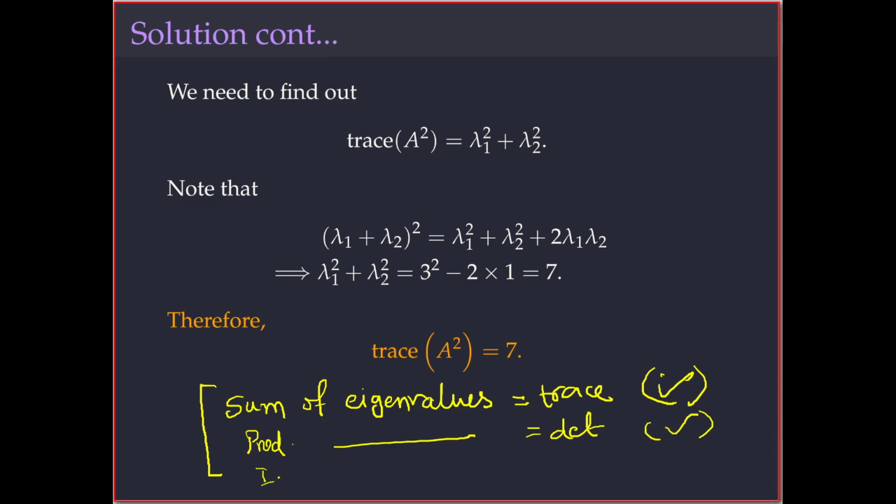And if lambda is an eigenvalue of A, then lambda square is an eigenvalue of A square, and the eigenvector remains the same. Okay, so these three properties are important for any exam, NET, GATE.